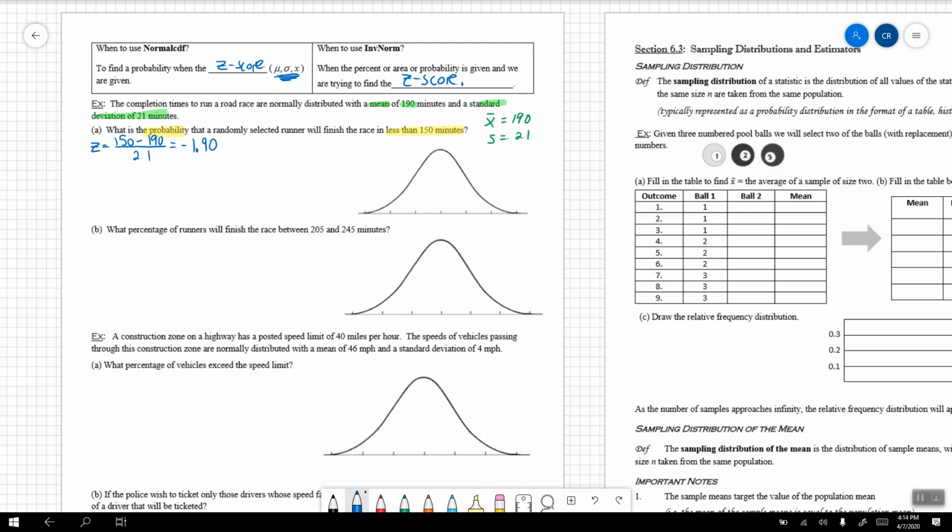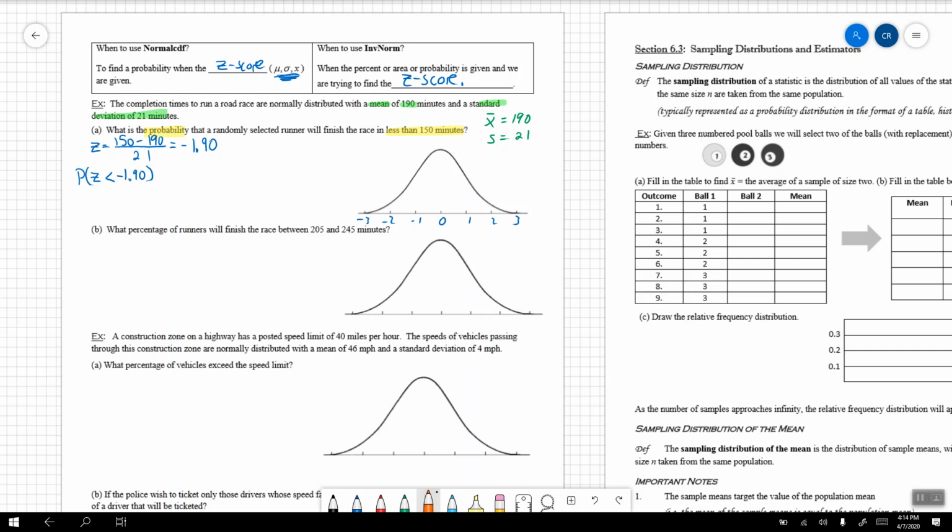Nice. Now that we have the z-score, we've done enough to standardize it. All we have to do is put it into a probability now. This is the probability that the z-score will be less than the z-score of 150, which is negative 1.90. That was 0, this was negative 1, negative 2, negative 3, 1, 2, and 3.